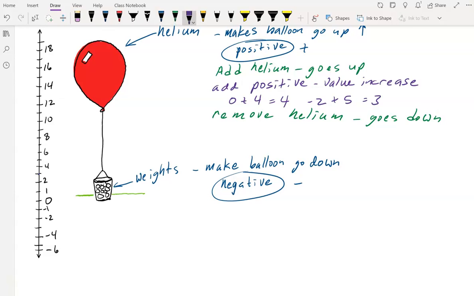When we remove something, what are we doing? Yeah, that means we are subtracting. So removing helium is the same thing as subtracting positive numbers. So if you subtract a positive, what happens? Does your value increase? No, the value is going to decrease.